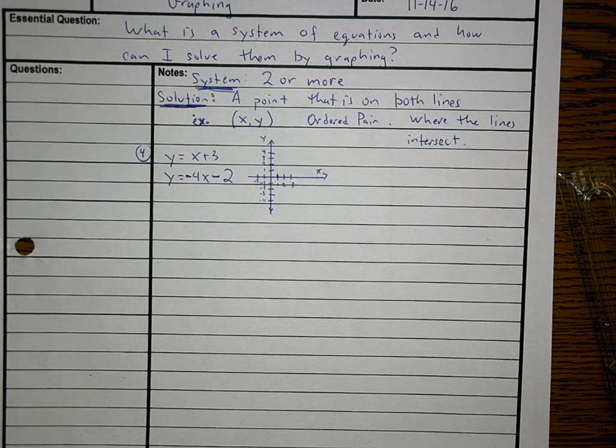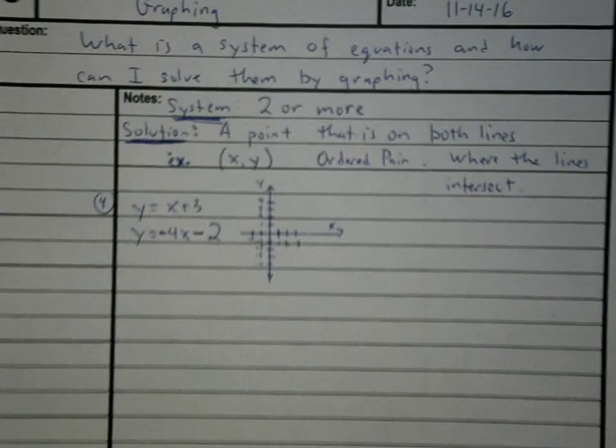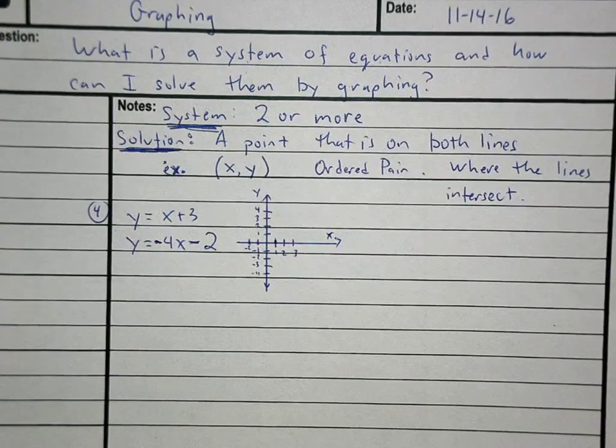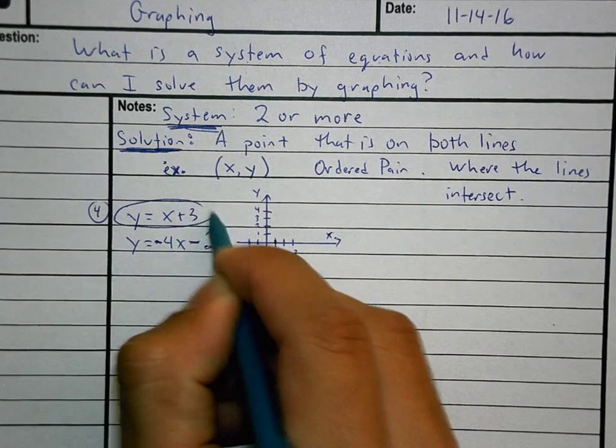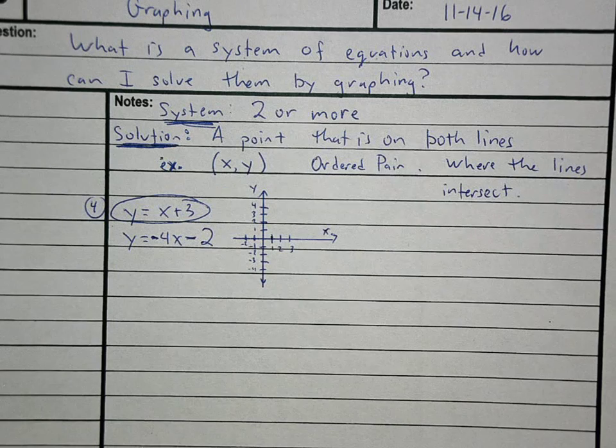So what you're going to have to do, I'm going to zoom in a little bit on this so you can see. We're going to graph both of these lines. So I'm going to take this top equation. I'm going to graph it in blue because I have a blue pen right now. And I'm hoping we know what the y-intercept is of this problem. Mark, do you know what it is? No. Okay, let's see. Rachel, do you know what the y-intercept is? Good. Mark, what is the y-intercept?